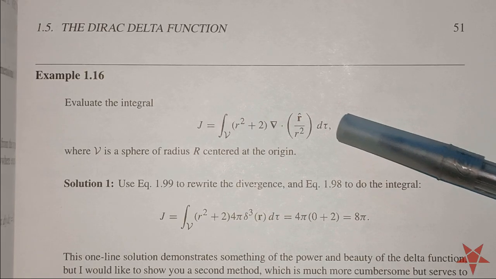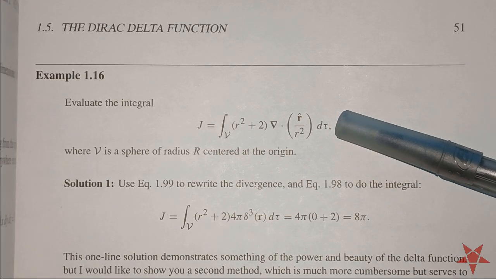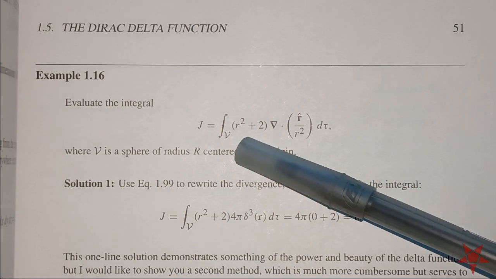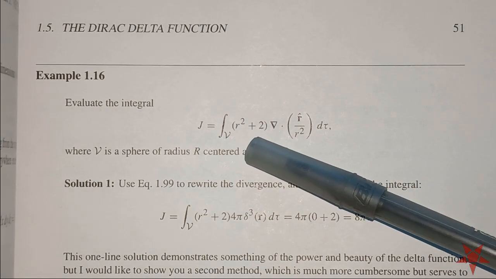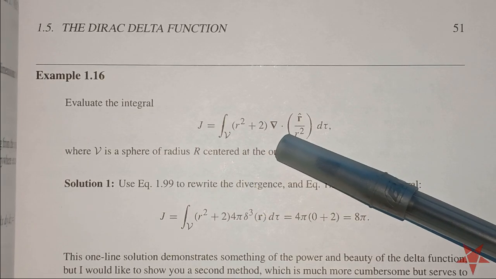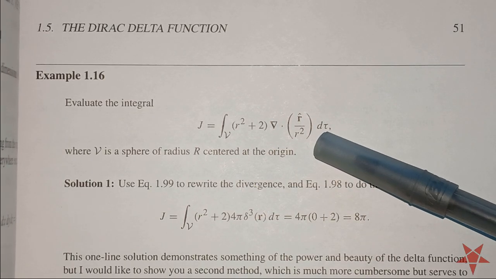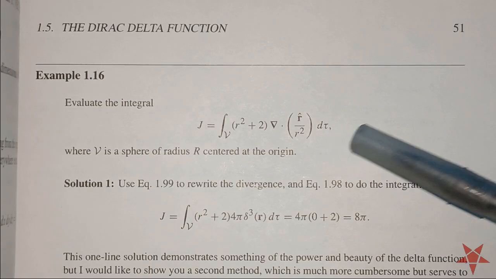In it, we're given, once again, a volume integral, where V is a sphere of radius r at its origin. We have a function, r squared plus 2 over here, and we have the divergence of r hat over r squared before the d tau term.